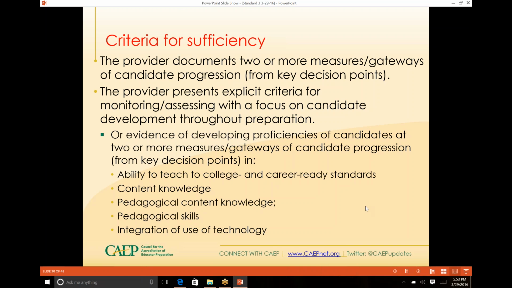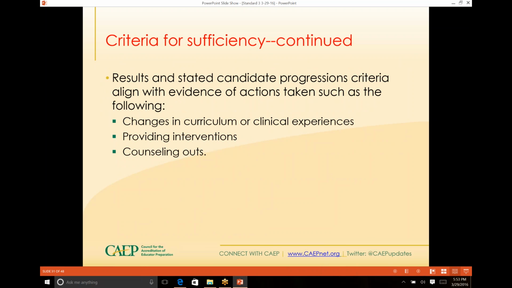A lot of this is straight out of Standard 1, which is you're monitoring the college and career-ready standards, teaching content knowledge, pedagogical content knowledge, technology. In addition, the results or candidate progressions align with evidence of actions taken.